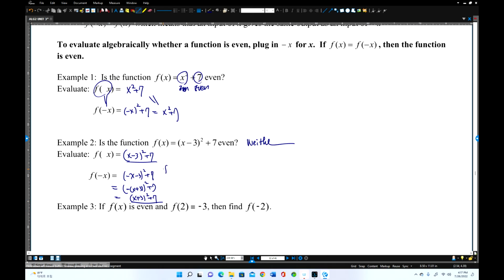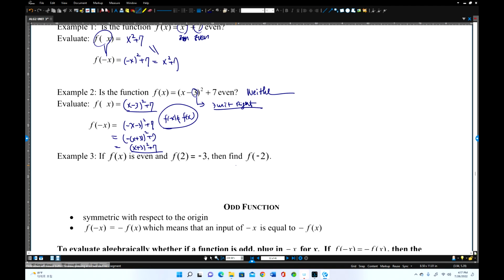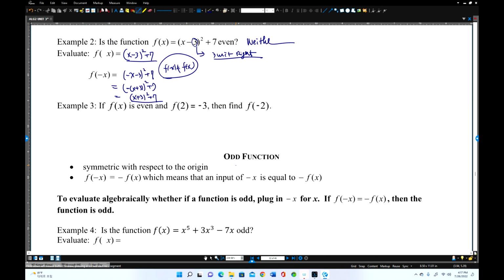That means f of negative x is not equal to f of x. That is not even. That is neither, because there is a 3, a horizontal translation of 3 units right. Horizontal, so that is not even or odd anymore.